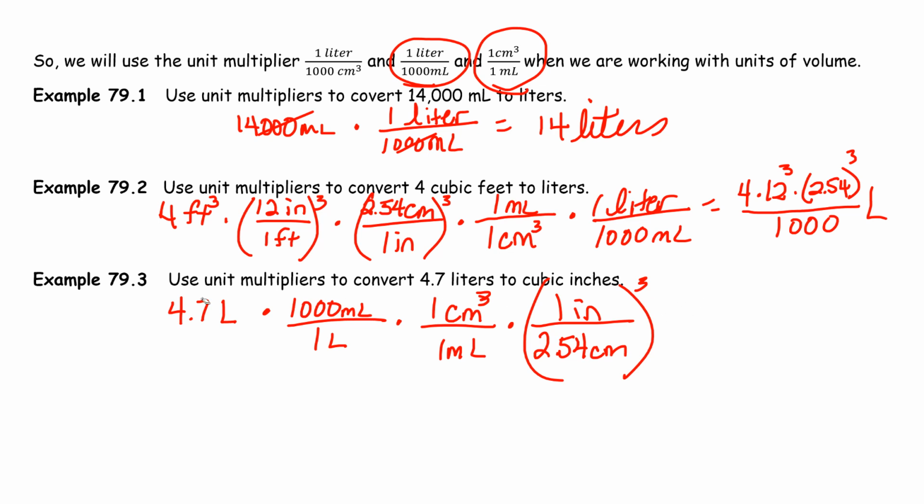And that will leave me, the liters are gone, the milliliters are gone, the cubic centimeters are gone, and I'm just left with cubic inches. So it's 4.7 times 1,000 all over 2.54 cubed. The 2.54 is cubed because I had to cube that to get rid of the cubic centimeters.